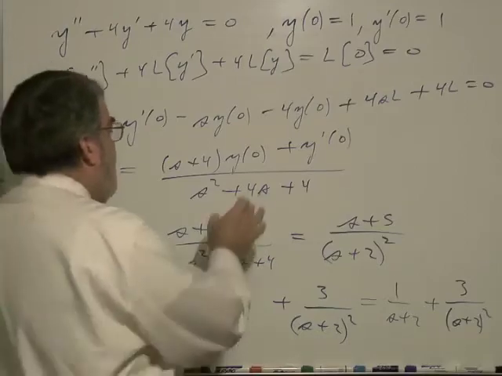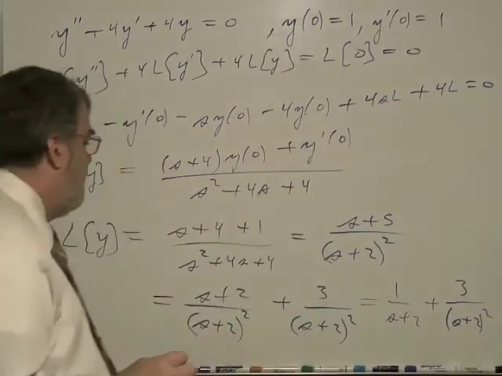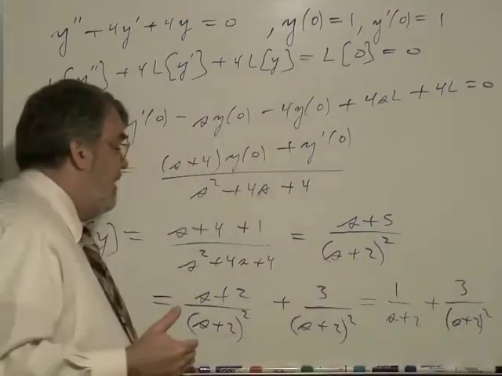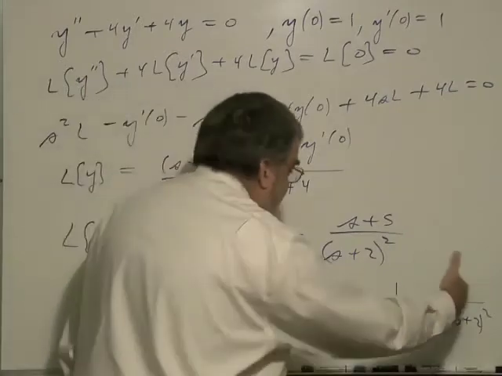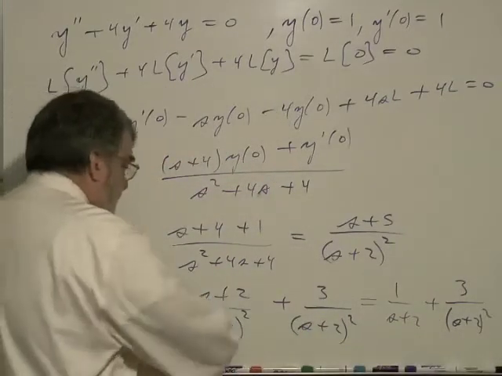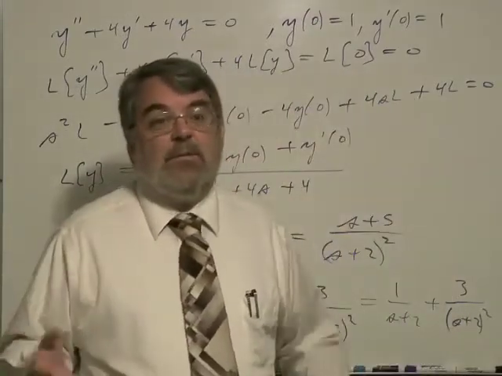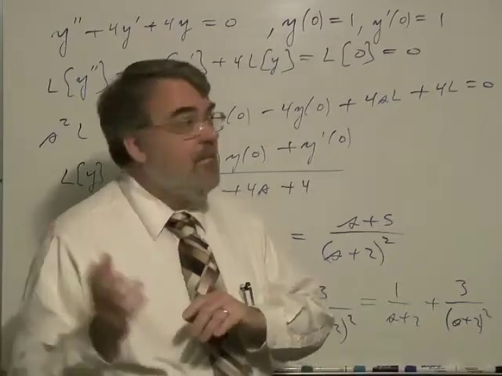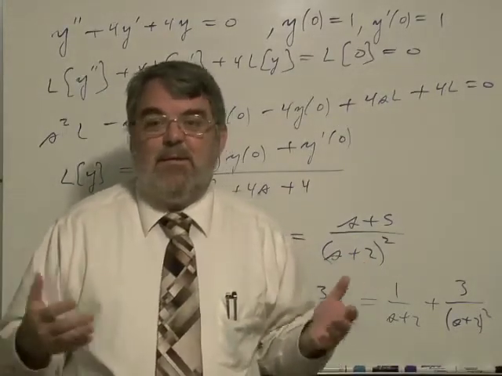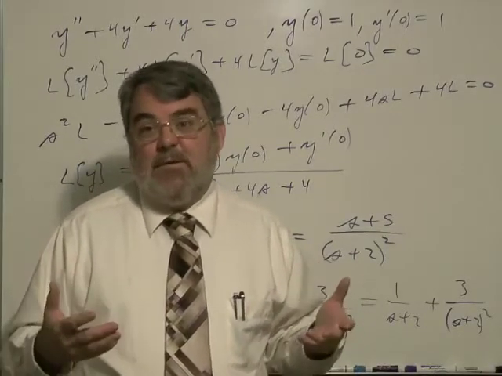If we kept these as y of 0 and y prime of 0, then I could get a very similar type of algebra equation over here. It'd be a little more complicated, and then we could apply the inverse transform and solve the equation, and then we would have an equation where all we had to do was plug in initial conditions, and if those initial conditions keep changing, then it's just a matter of doing a computation.